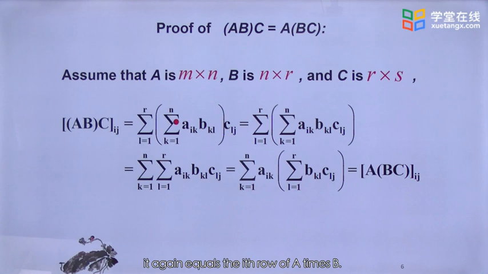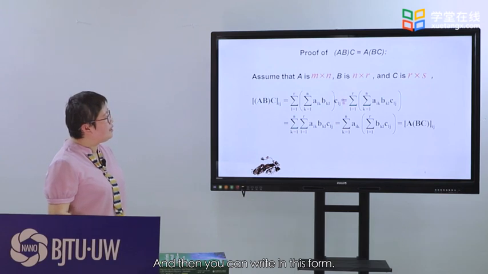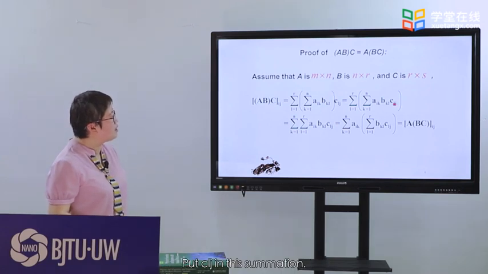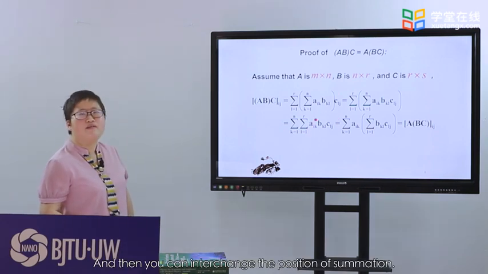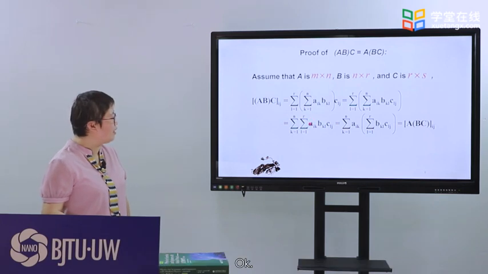It again equals the ith row of A times each column of B. Then you can write in this form. You put c_lj in this summation, and then you can interchange the order of the summations.